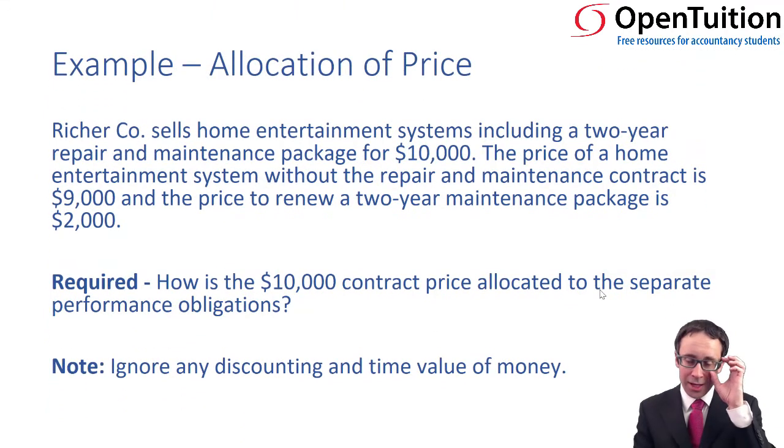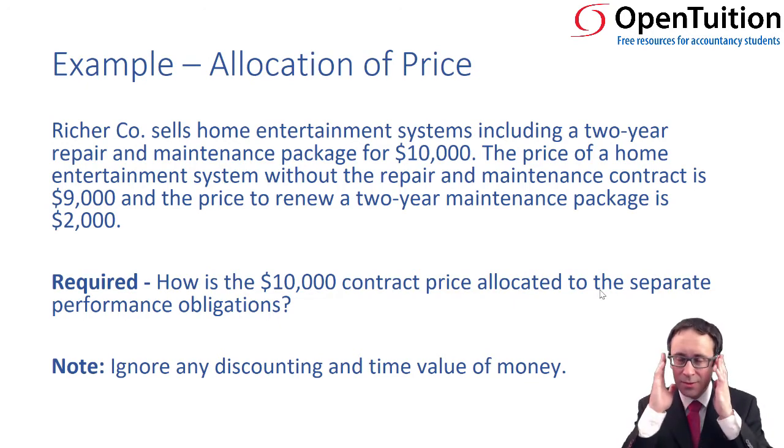So let's have a look here at this example. It asks us, how is the $10,000 contract price allocated to the separate performance obligations? And just note, we're ignoring any time value of money. So there's no discounting within it. That would just make it a little bit too complicated at this point in time.